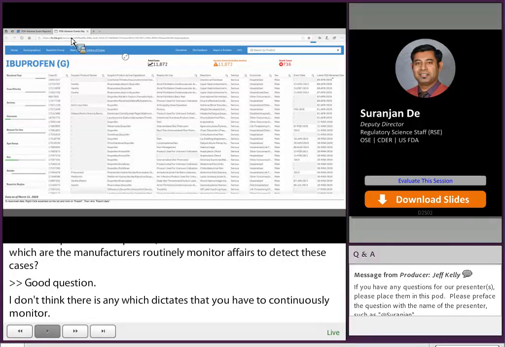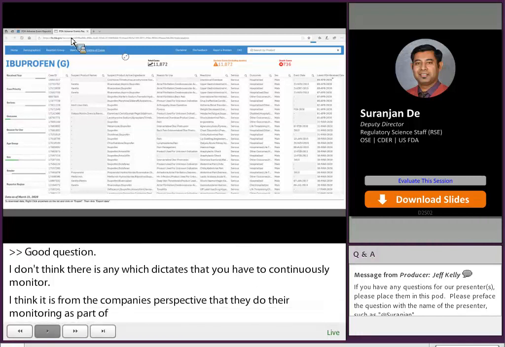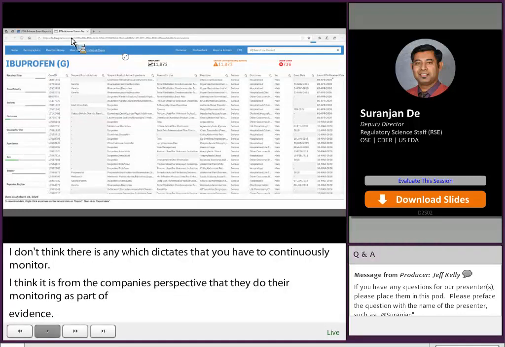Companies could go to the FAERS public dashboard to look at the data, and once they have identified the reports for their products that have come directly to FDA, they could then request through the FOIA process to get the details of the reports.